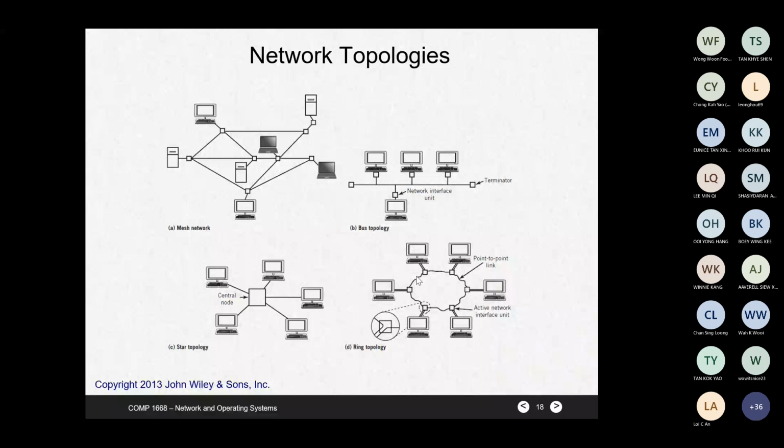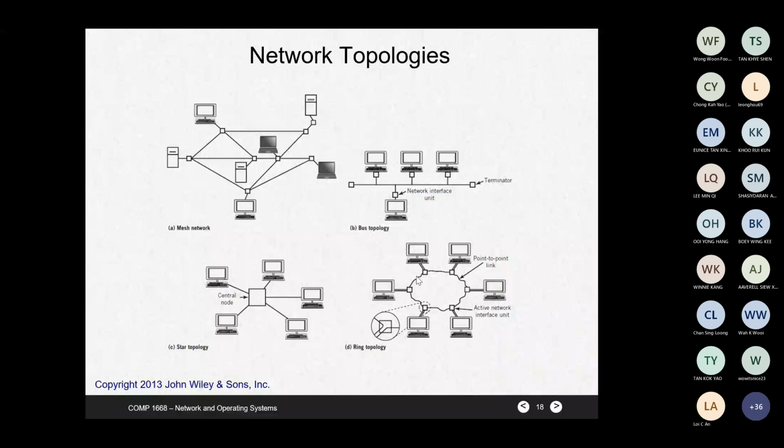Bus topology, very old method. Hardly can you see any devices connected through bus topology anymore. It has its own advantages and disadvantages. Star topology and ring. And you must know which one we use today, which is still being used, still reliable compared to the rest.